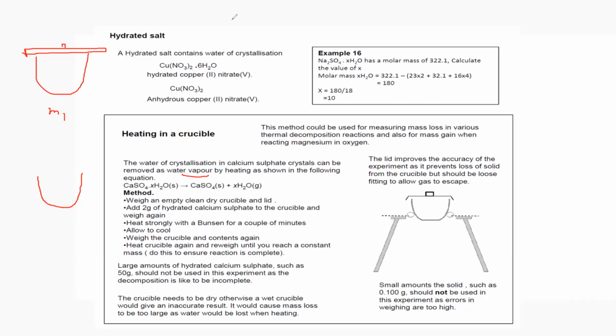Then we place the sample, like hydrated copper sulfate or copper nitrate, in the crucible, and we measure the mass again. The difference in the mass, M2 minus M1, gives the mass of the hydrated salt.